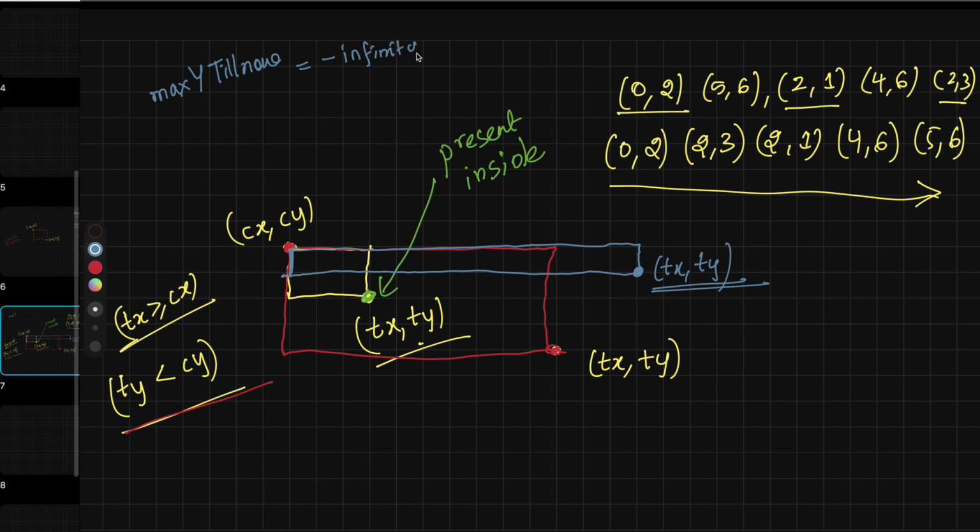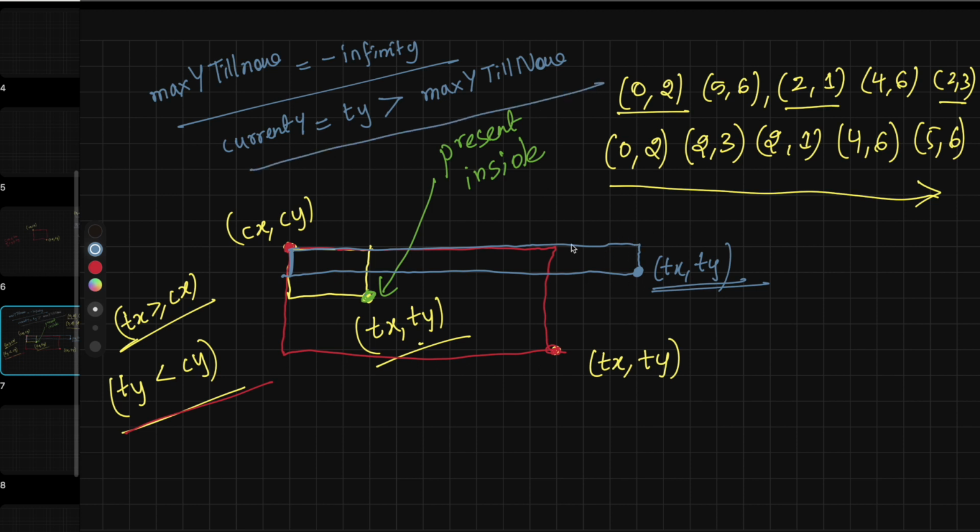If this is the case, then if our current y, which is equal to ty, is greater than the max y seen till now, then it forms a valid rectangle. If this condition is satisfied, then it forms a valid rectangle. You can verify this condition in this image once we get sorted points.